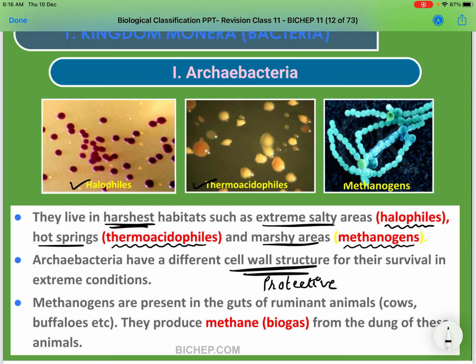So they survive into the extreme condition. It is protective cell wall. It is the adaptation, because when the very first type of organism came onto the earth, they were Archaebacteria, and at that time when they started to grow on the earth for the first time as a living organism, the atmosphere of earth was very extreme, very harsh.